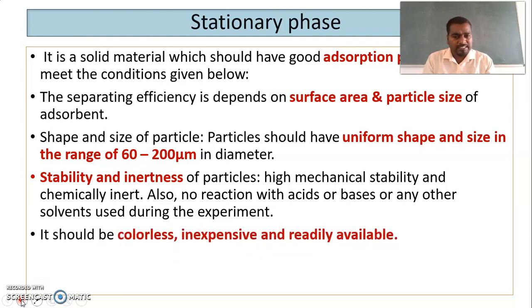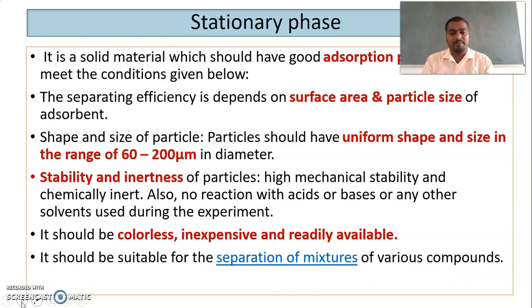And it should be colorless, inexpensive and readily available. Why? Because in chromatography we identify the sample based on color. Different colored bands are situated at different distances in the column based on their capacity of adsorption in the stationary phase. So if the stationary phase is colored, it is difficult to distinguish the analytes. That's why it must be colorless, economical and easily available.